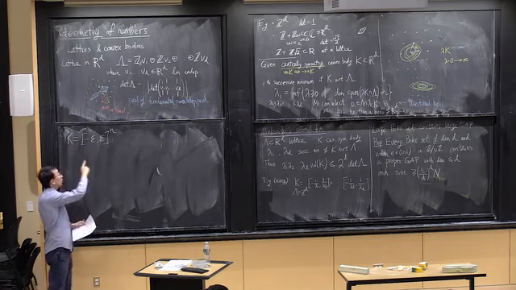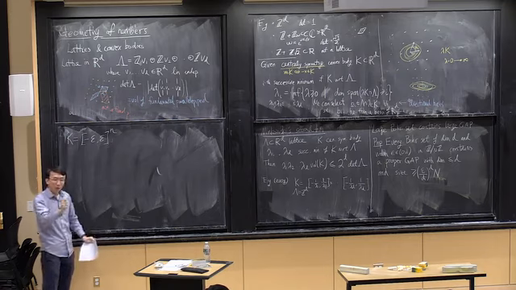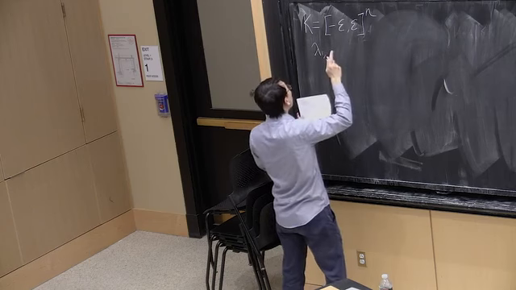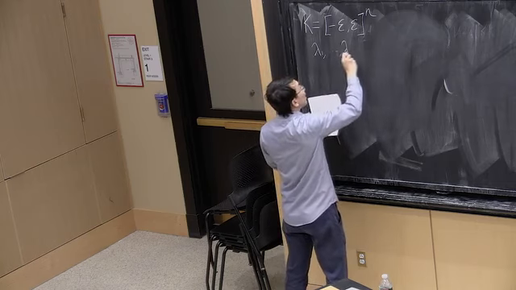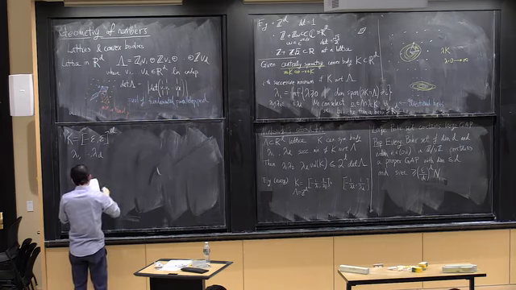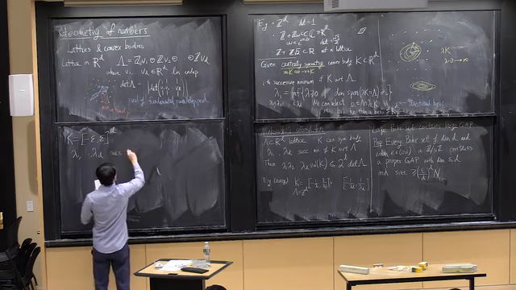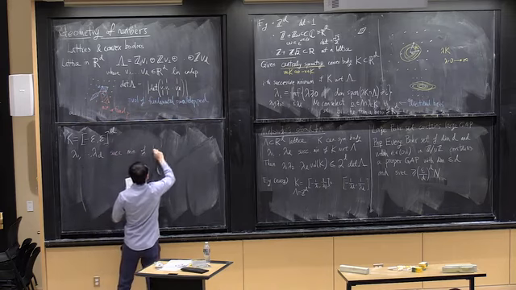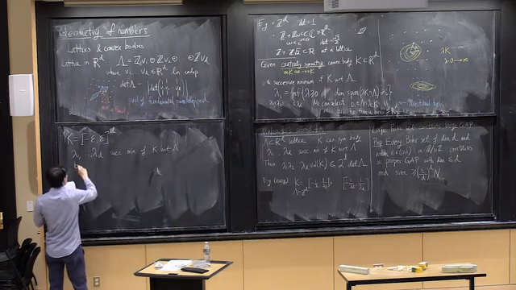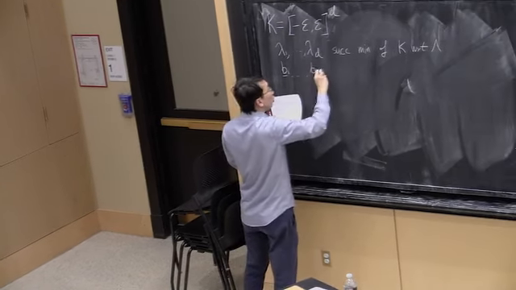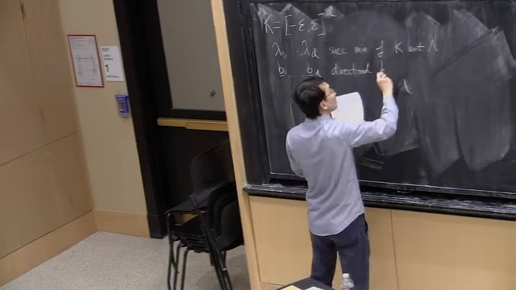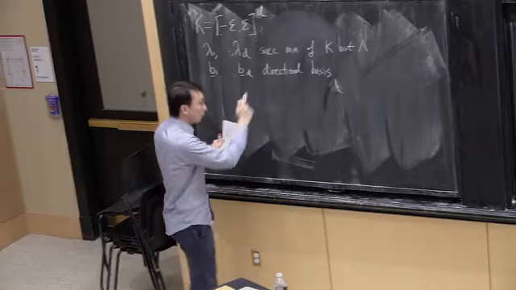Okay, so that's the lattice, that's the convex body. And we're going to apply Minkowski's second theorem. So let lowercase lambda 1 through lambda d, sorry, n is d, be the successive minima of K with respect to lambda, and B be the directional basis corresponding to those successive minima.